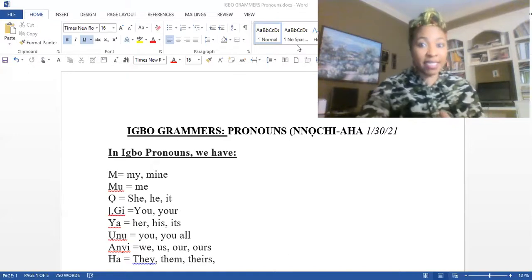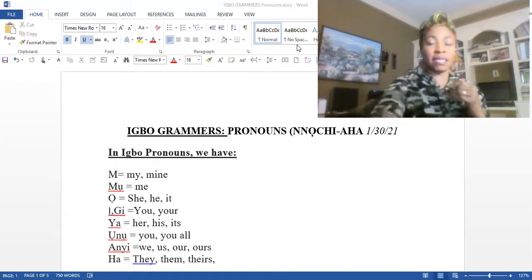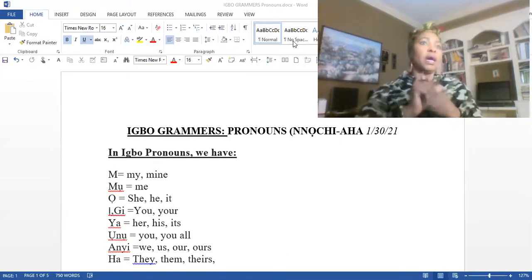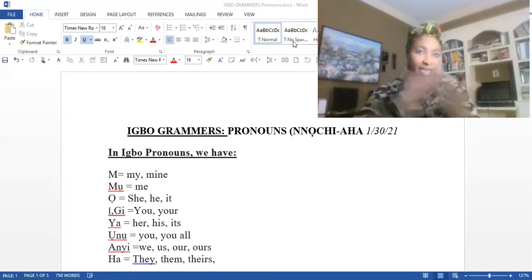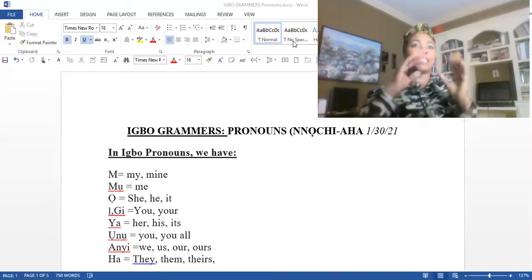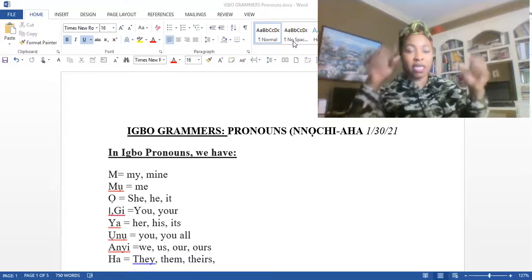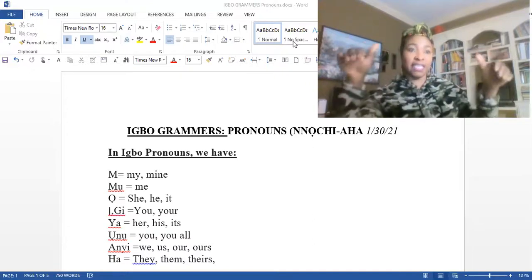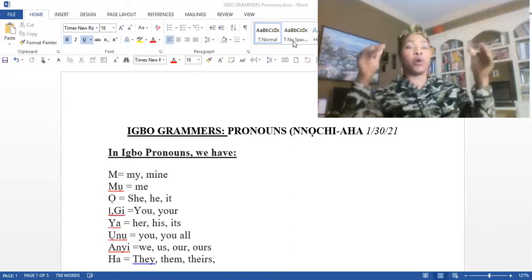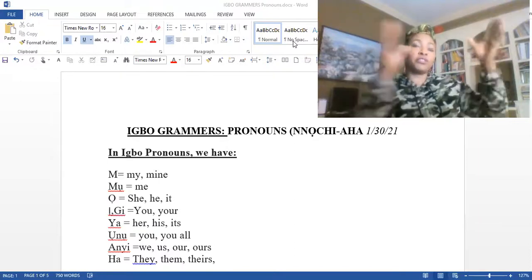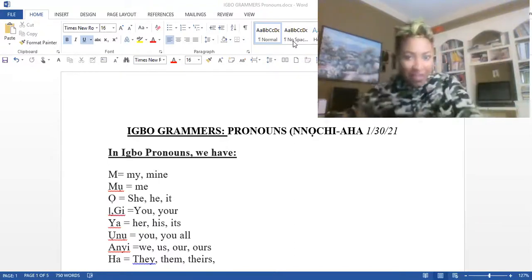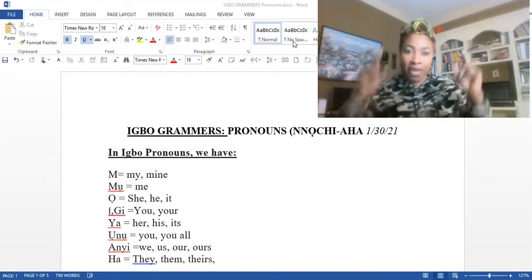And what that means is that in Igbo words or in your sentences, you use the same pronoun for both males and females. So pay attention.